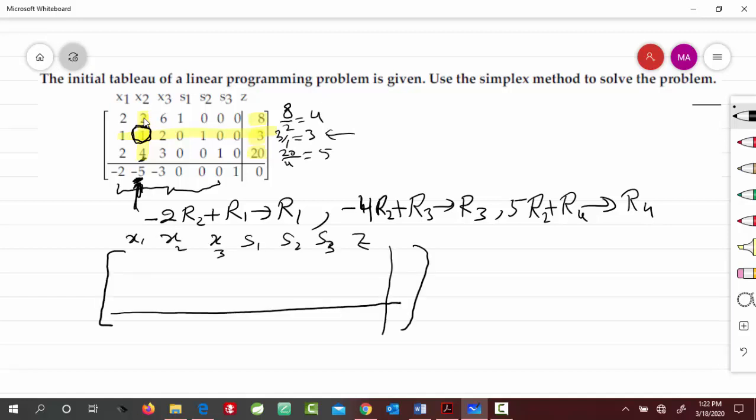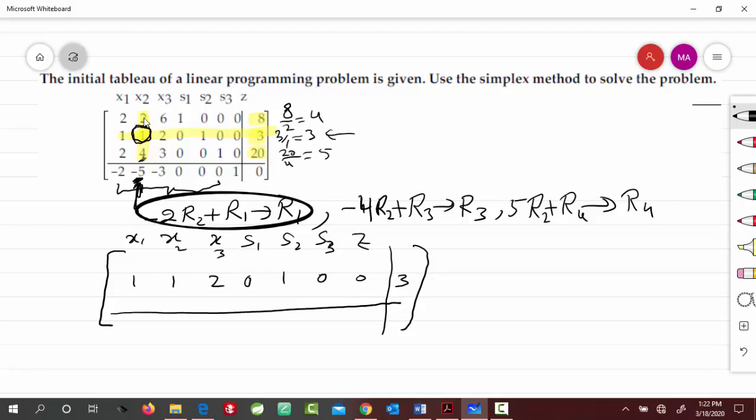The pivotal row, the second row, stays as it is: 1, 1, 2, 0, 1, 0, 0, and 3. Now the first operation: multiply the second row by -2 and add it to row 1.